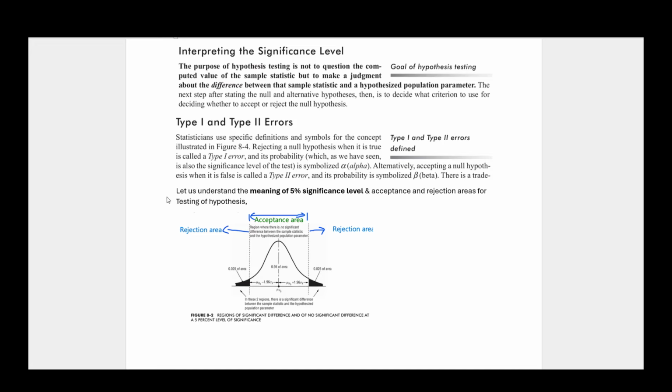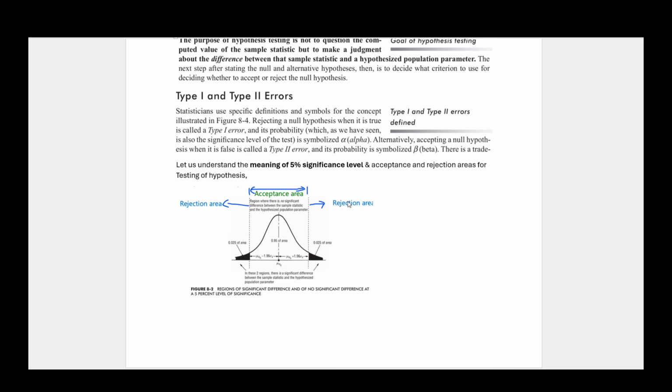Let us understand the meaning of 5% significance level, and the acceptance and rejection areas. When we say 5% significance level, we are indirectly saying it is 95% confidence level, because 1 minus confidence level is significance level.